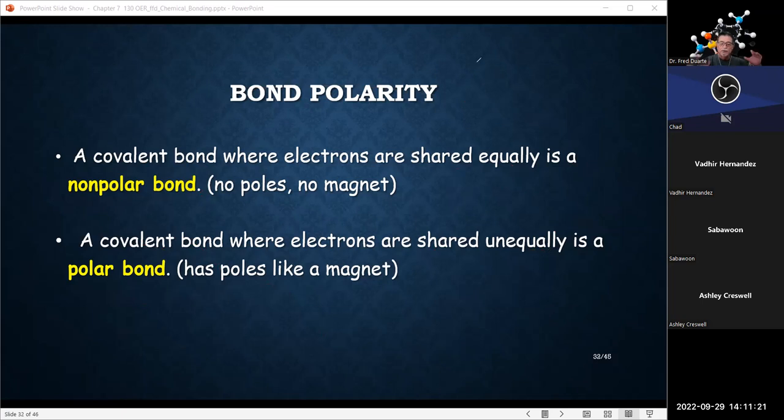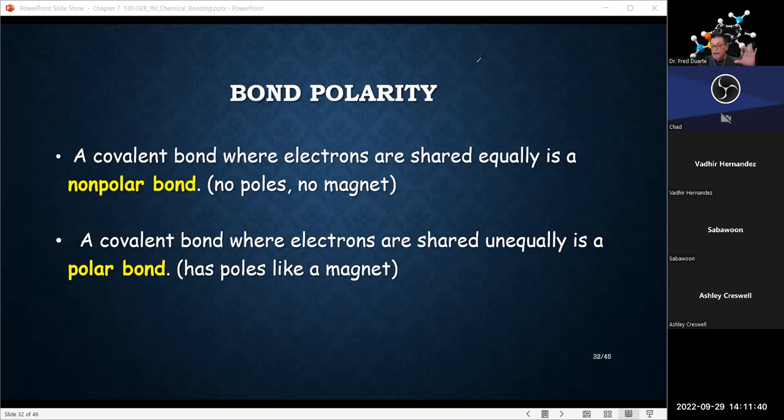Once we identify whether the bond is polar or non-polar, we can take that information along with the structure information we just came up with and determine whether the molecule overall is polar or non-polar.